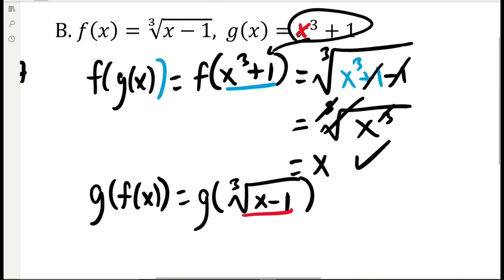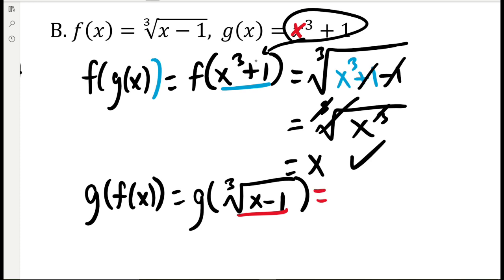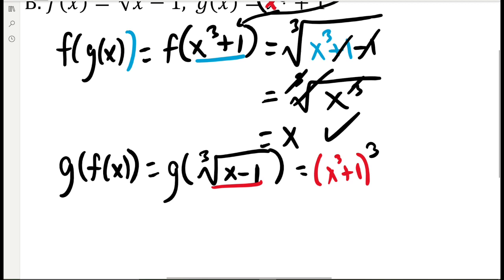So we have here equal to, so we got x, which now we're going to replace with x cubed plus 1. And then remember that that x was actually cubed, so we got to put a little cube there, and then plus 1.